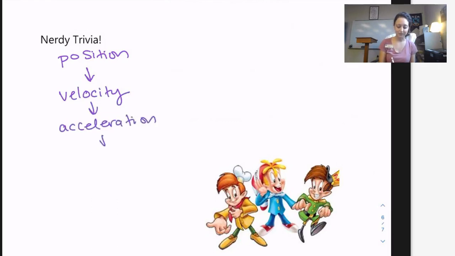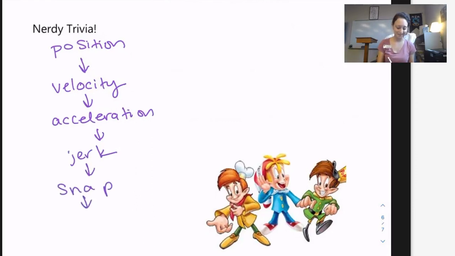Okay, the derivative of acceleration, if you slam on your brakes really quick when you're driving, your body is going to make kind of a jerking motion, right? The derivative of acceleration is called jerk. Derivative of jerk is snap.